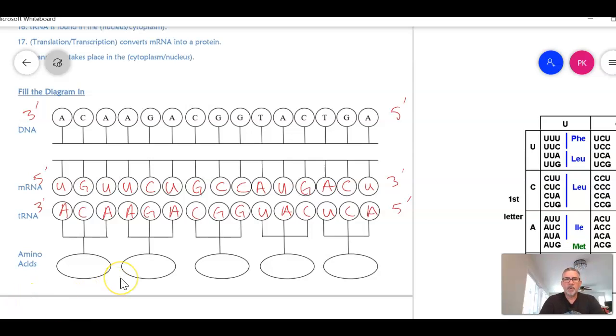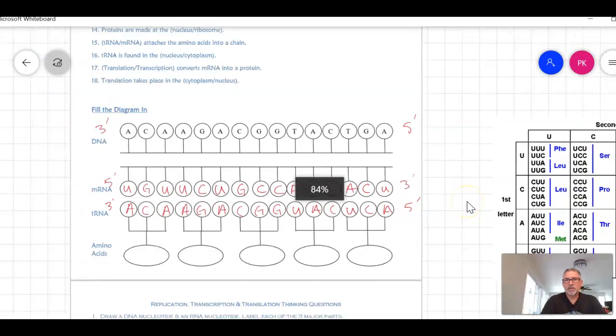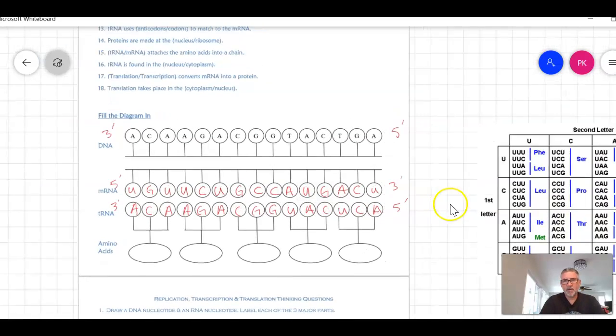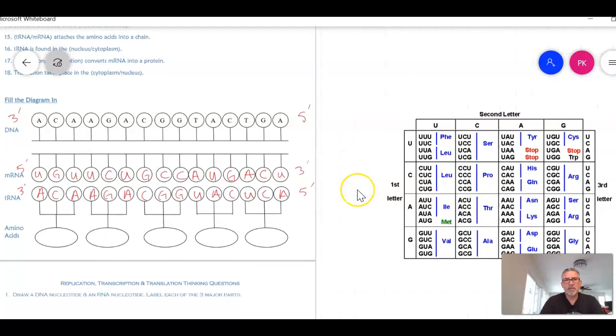When we came over and did our amino acids, remember amino acids are based on the codons on the mRNA and not the tRNA. So for the first one, I wouldn't look at ACA, I would look at UGU. I'd come over here, U, G, and then U, right? Which would be right here.